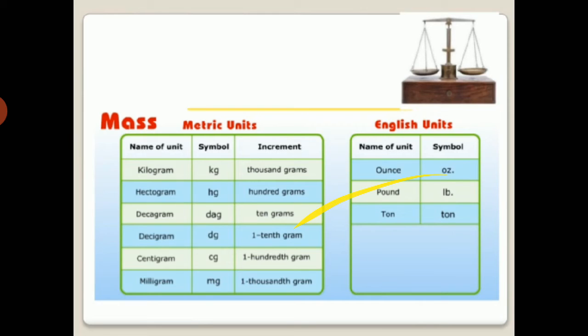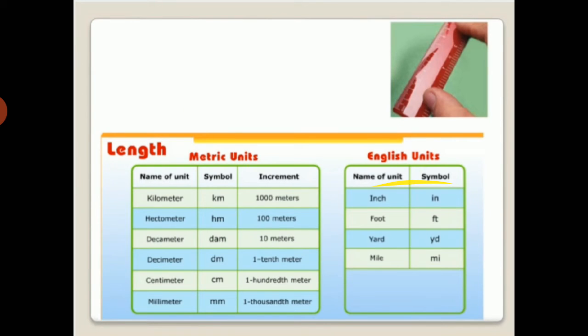Centimeter is denoted by the symbol cm, and it is measured in 1/100 meter. Millimeter is denoted by the symbol mm, and it is measured in 1/1000 meter. For the English system, inch has the symbol in, foot has the symbol ft, yard has the symbol yd, and mile has the symbol mi.